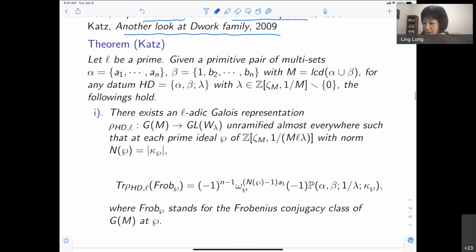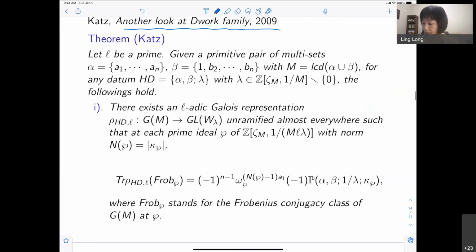So the setup now is: given alpha, beta, which are rational numbers, we do need the primitive assumption to make our life easier again. So far, there is no other assumption other than alpha and beta being rational numbers, and primitive.